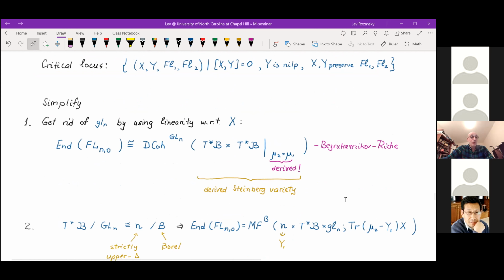So if you ask, Lev, I'm a bit confused. The mu earlier that was in the Springer resolution, that's also the moment map. And basically here mu1, mu2 are the images from the cotangent bundle of the flag variety. Yes. So those are nilpotent matrices.